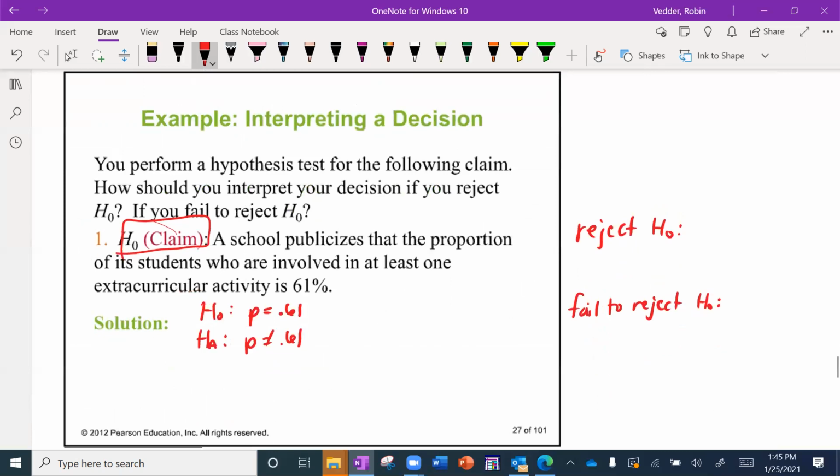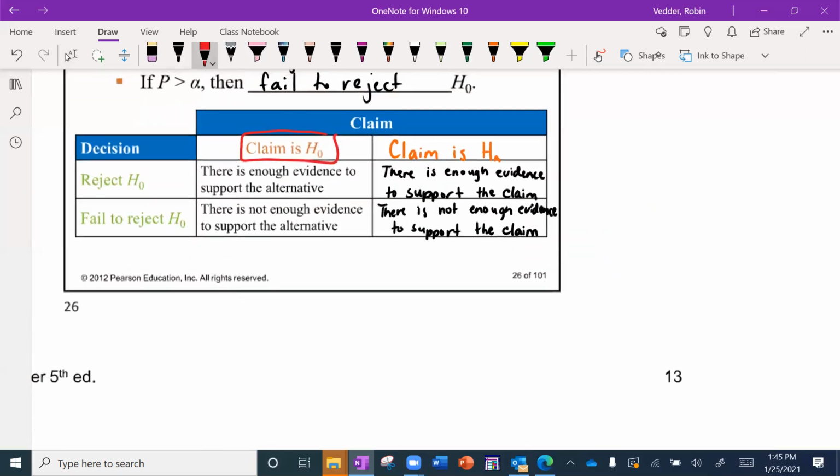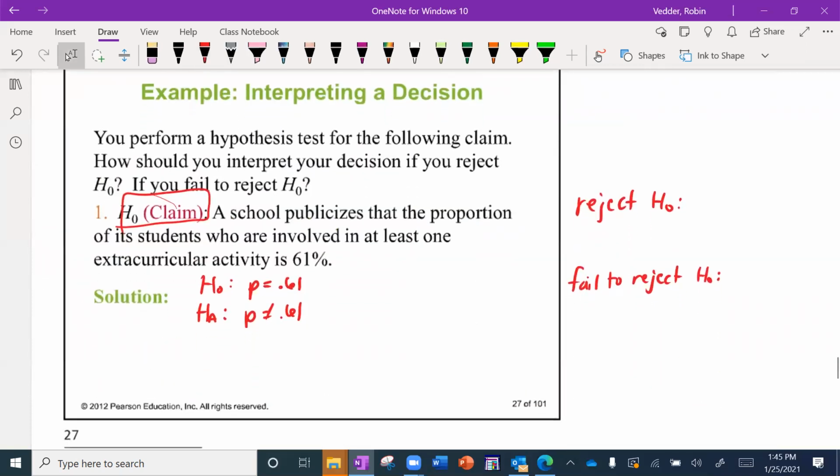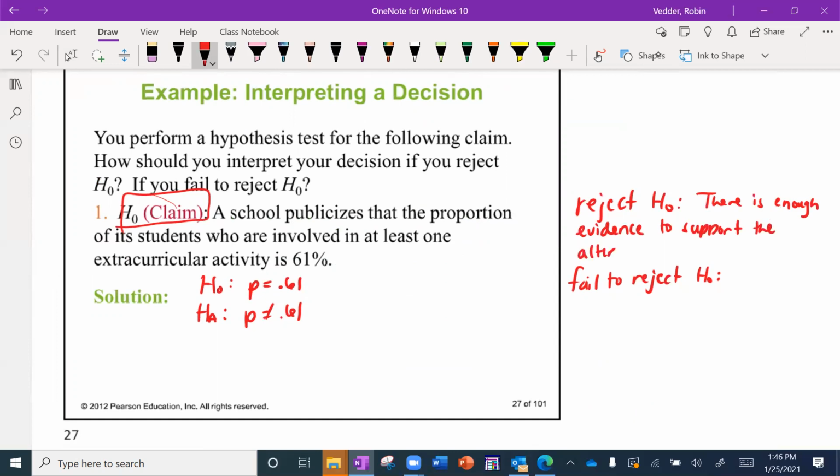So first we need to do reject the null. It says there is enough evidence to support the alternative. And then we're going to tell what the alternative is.